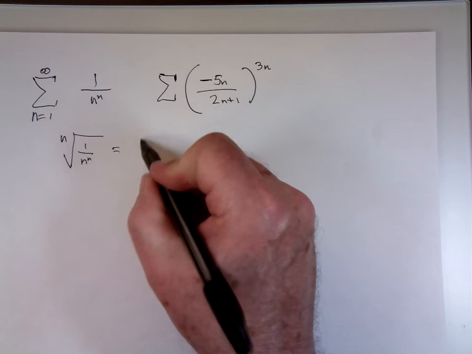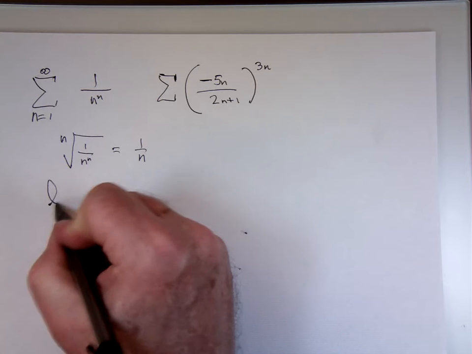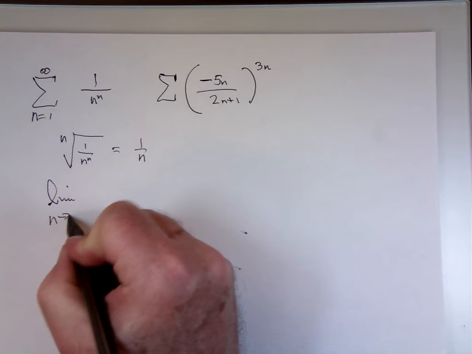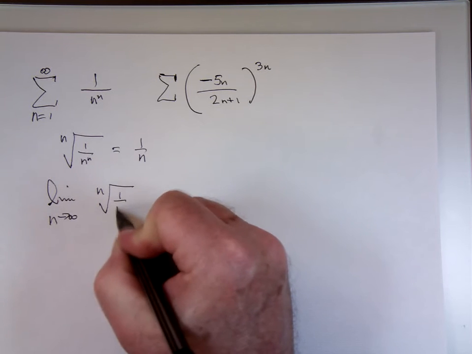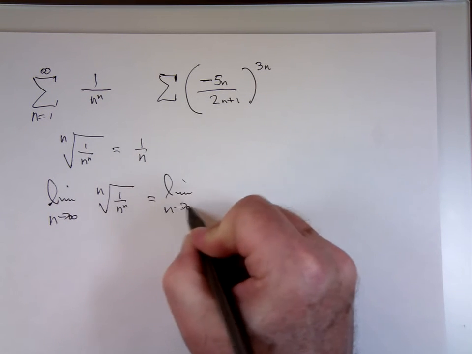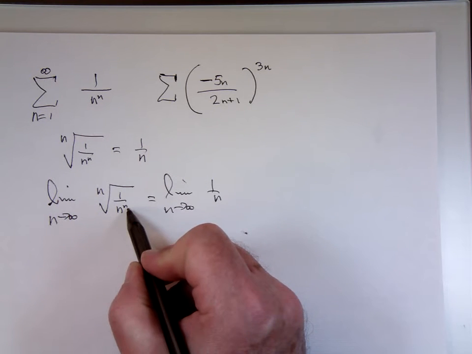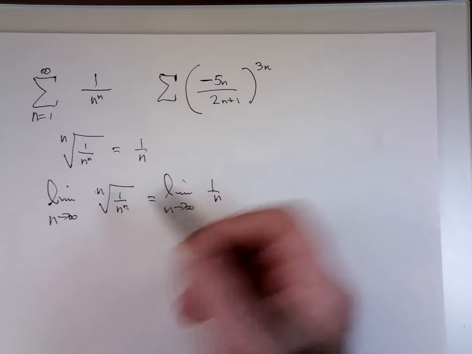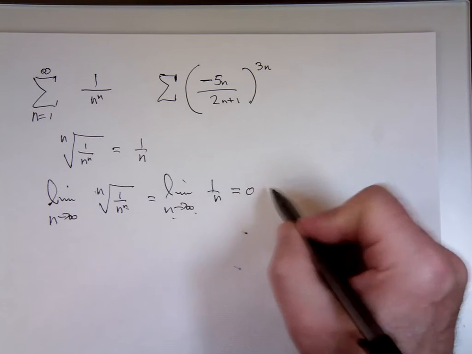And you take the limit as n goes to infinity of this nth root of the nth term. That's equal to this limit of 1 over n. This and this cancel out, so you get 1 over n. As n goes to infinity, that's 0, less than 1, so that one will converge.